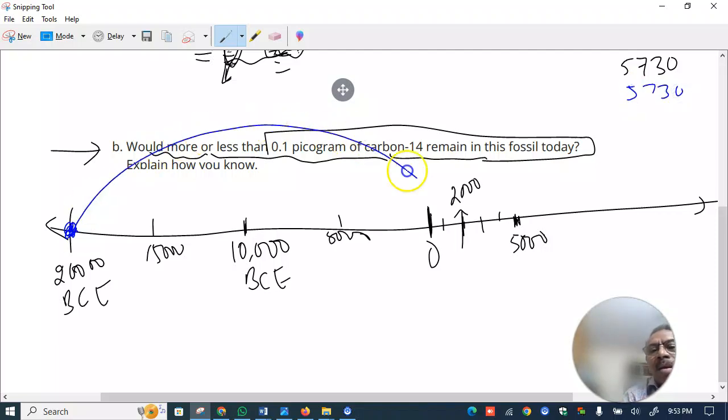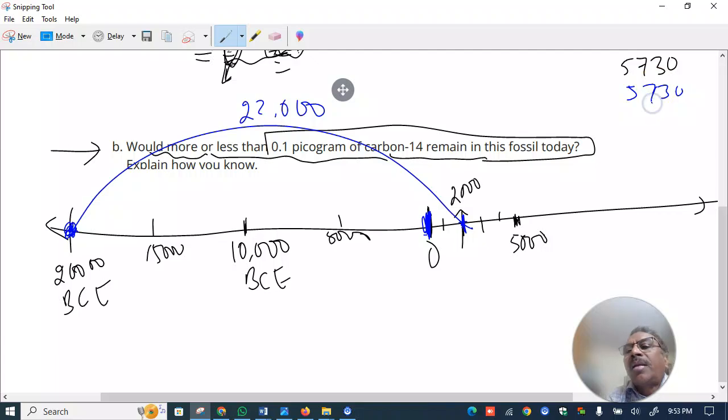From here to here, it is 20,000 before and 2,000 after, which is 22,000. So we are here, this is 22,000, and we know the carbon 14 decays to half every 5,730.